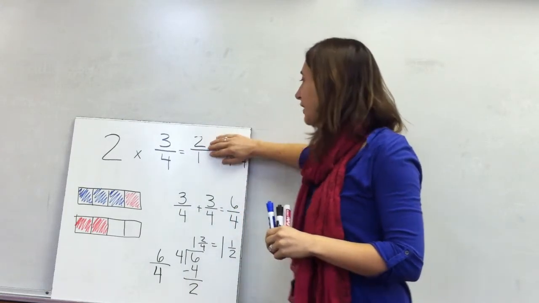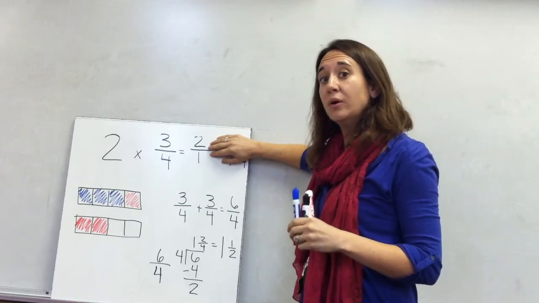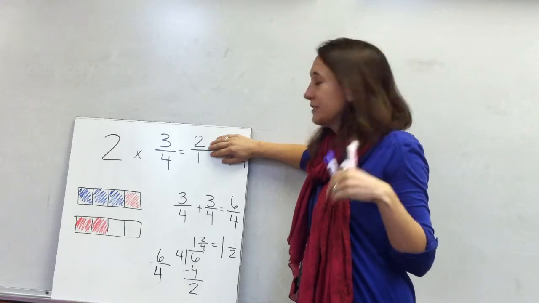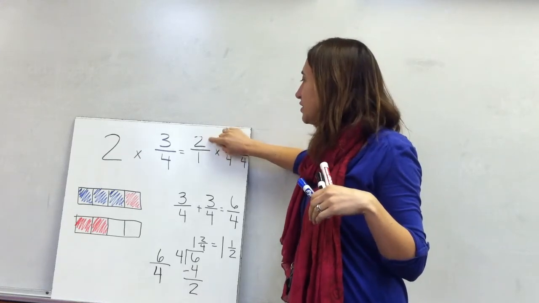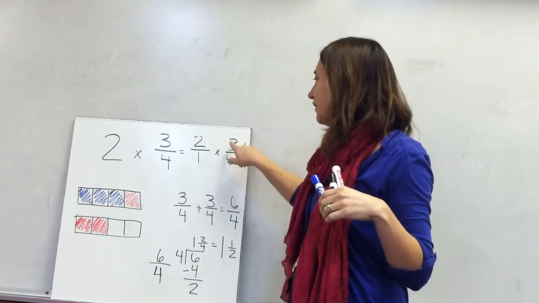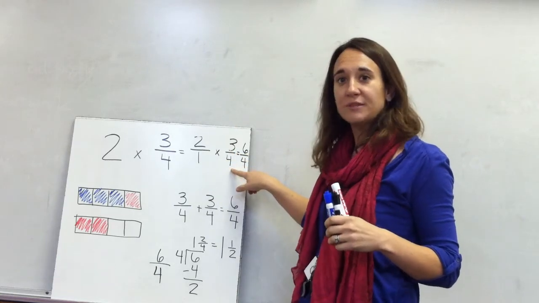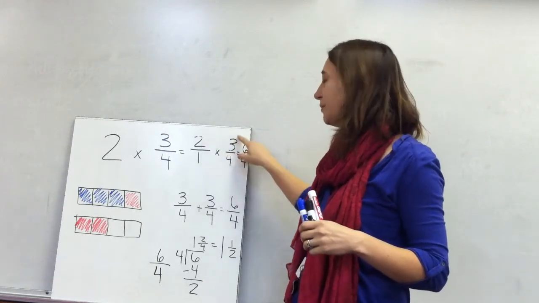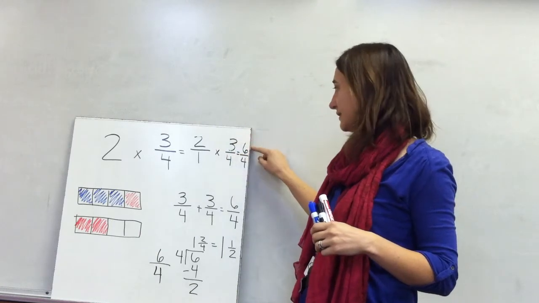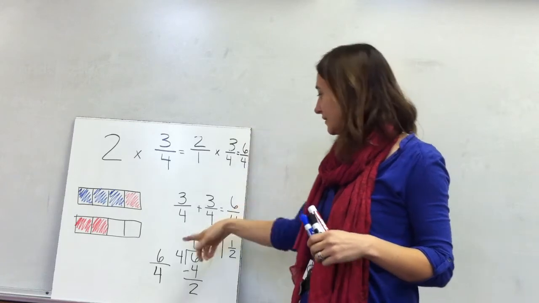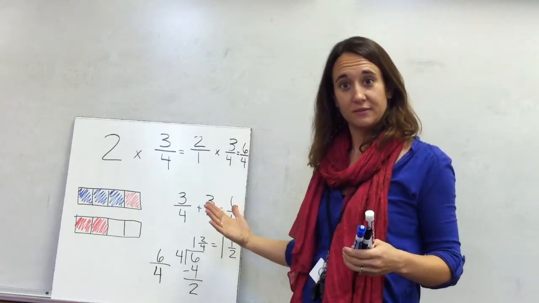Because if we divide 2 by 1, we end up with just 2, the same number we started with. So we can put 2 over 1, and then of course our 3/4. And when we multiply, we don't have to find a common denominator, so we simply multiply the numerators, get 6, and the denominators, and get 4. Same thing, 6/4. We got our same answer.